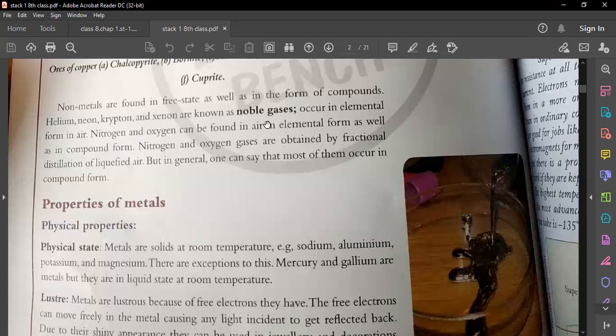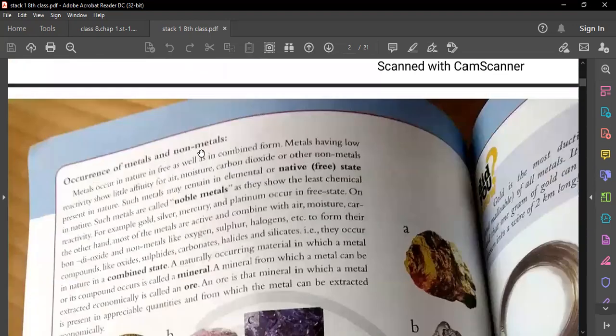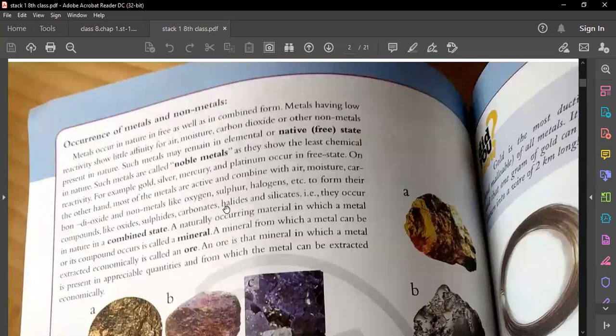But in the combined state, in what form do they exist? Oxides, sulfides, halides, carbonates, silicates.